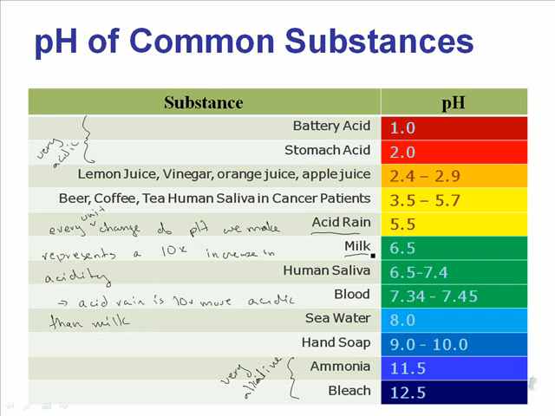And if we take a look at something like blood, blood is almost at 7.5, roughly. If we'll round it to 7.5 just for argument's sake, that means that acid rain is actually 100 times more acidic than blood. Because it's 2 units, so 10 times for one step, 10 times for the next step, so 100 times.